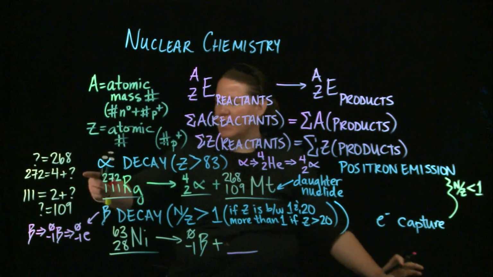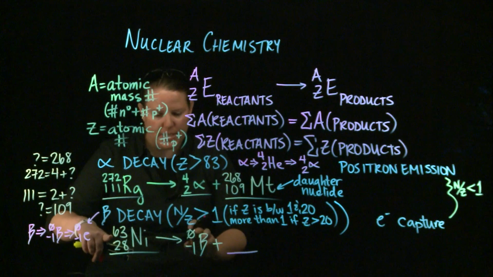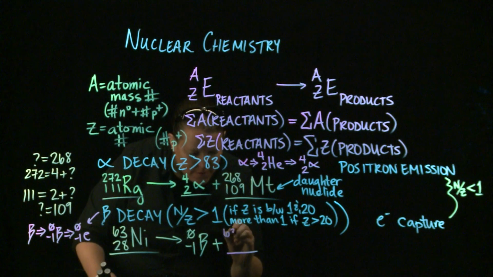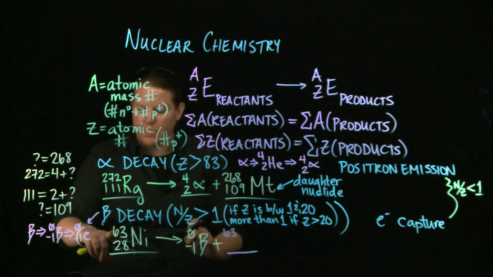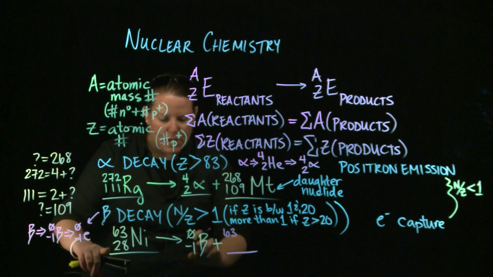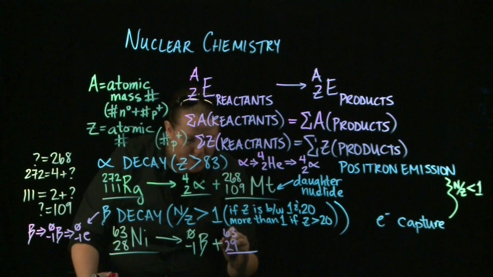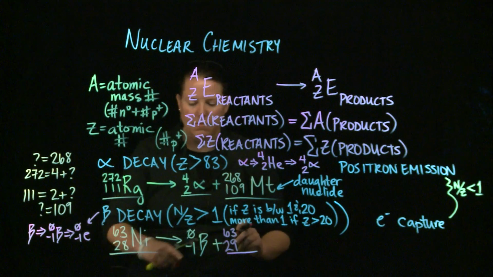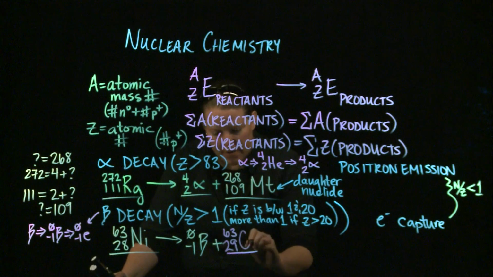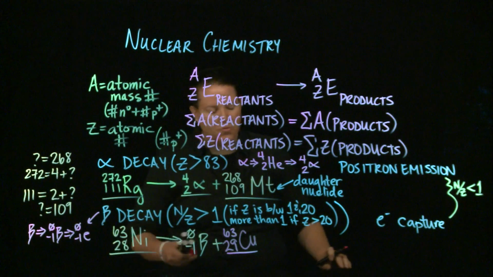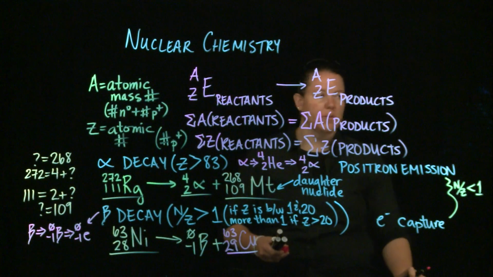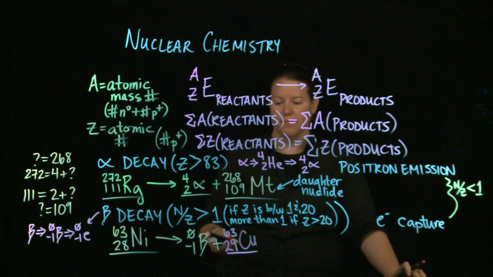I'm going to do the same thing I did up here, right? So 63 has to equal 0 plus some number. 63 plus 0 equals 63. And what number plus minus 1 equals 28? Well, that's subtracting out a 1, right? So 29 minus 1 equals 28. And we know that an atomic number equal to 29 is actually copper.